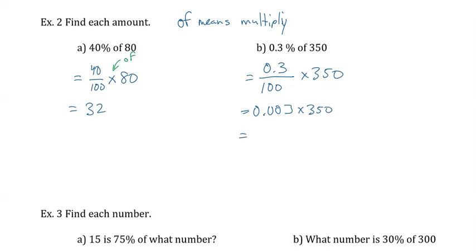So it's already a decimal, but it's got a percentage symbol, so you still divide by 100, and it gives you a really small decimal, extra zeros. And then when I multiply that, I get, that doesn't look right, but it might be actually. Yep, I get 1.05.